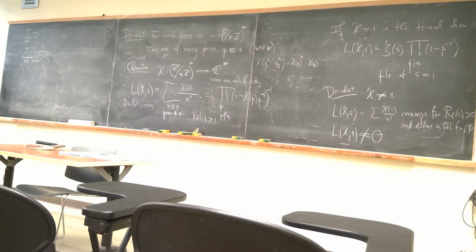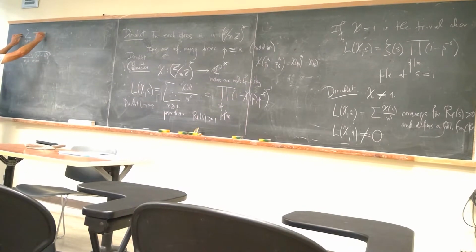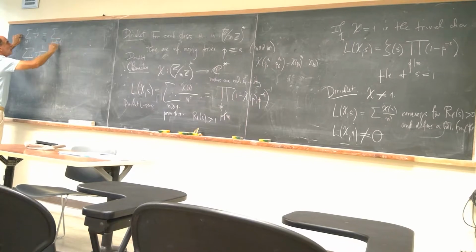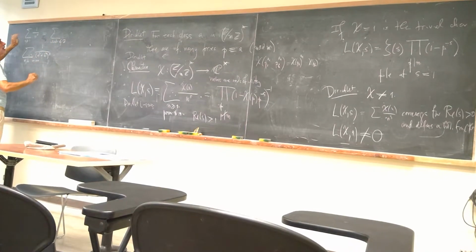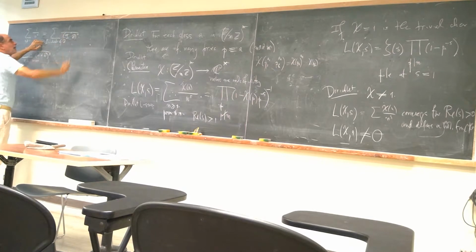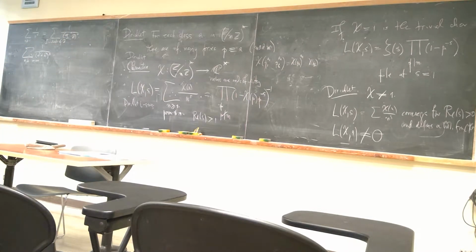So this could be written as the sum over the non-zero ideals I of the integers, of 1 over the index of the ideal, to the s power, right?